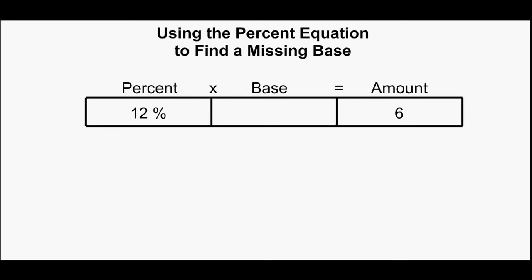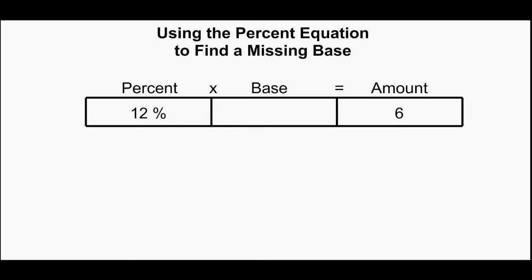Now, let's look at using the percent equation to find a missing base. The percent equation, percent times base, equals amount. Notice in our example, we are given the percent, 12%, and the amount, 6.